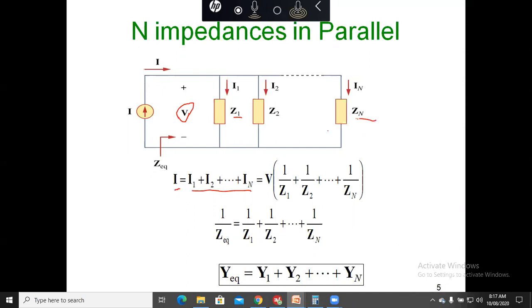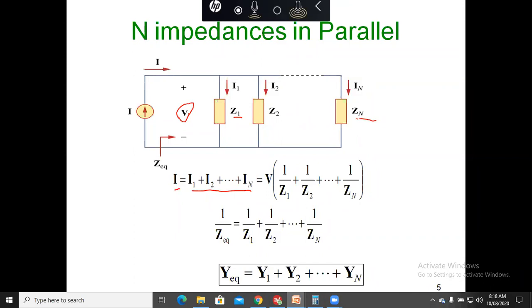First we calculate the current in the first branch. So the current in the first branch is I1, which is V over Z1. So the current I2 is V over Z2, and the current In is equal to V over Zn.